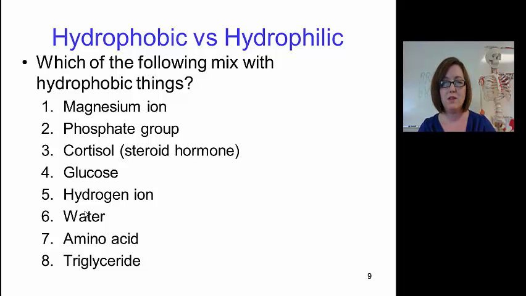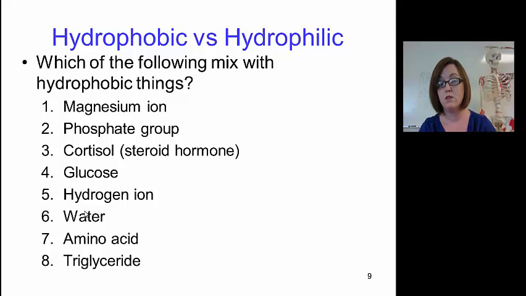Amino acids. Amino acids were the subunits to proteins. There were 20 different kinds, but the main components to the amino acid were very polar. You had nitrogen-hydrogen bonds and oxygen-hydrogen bonds there. So for the most part, amino acids are going to be polar and hence hydrophilic.